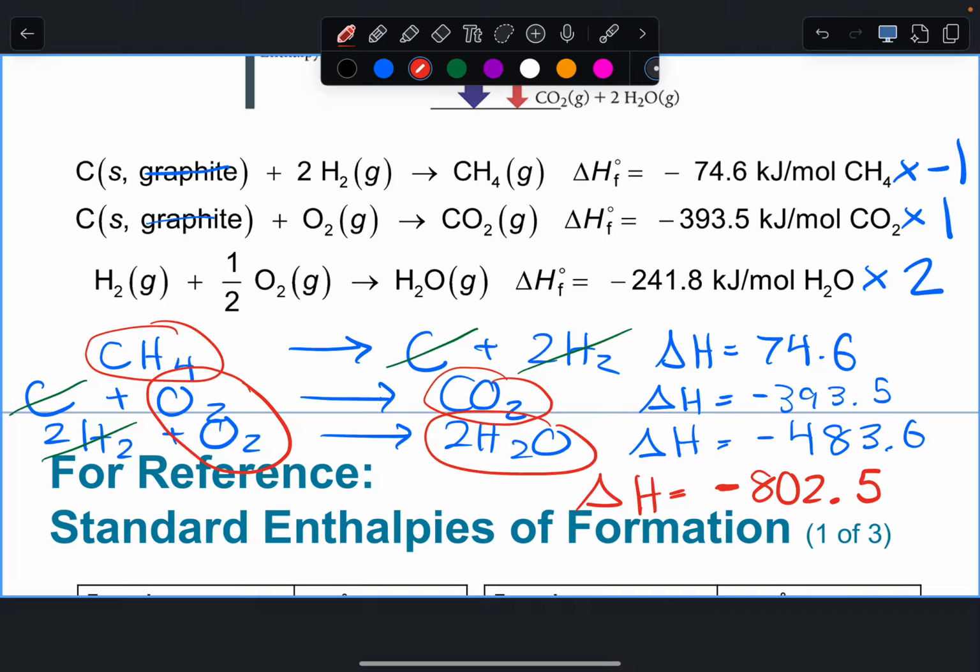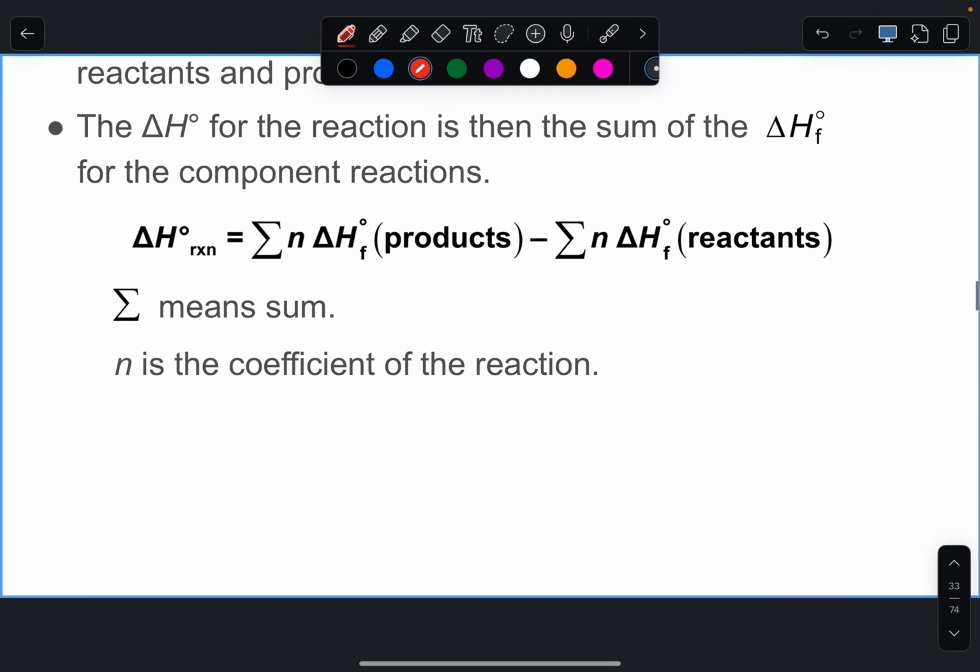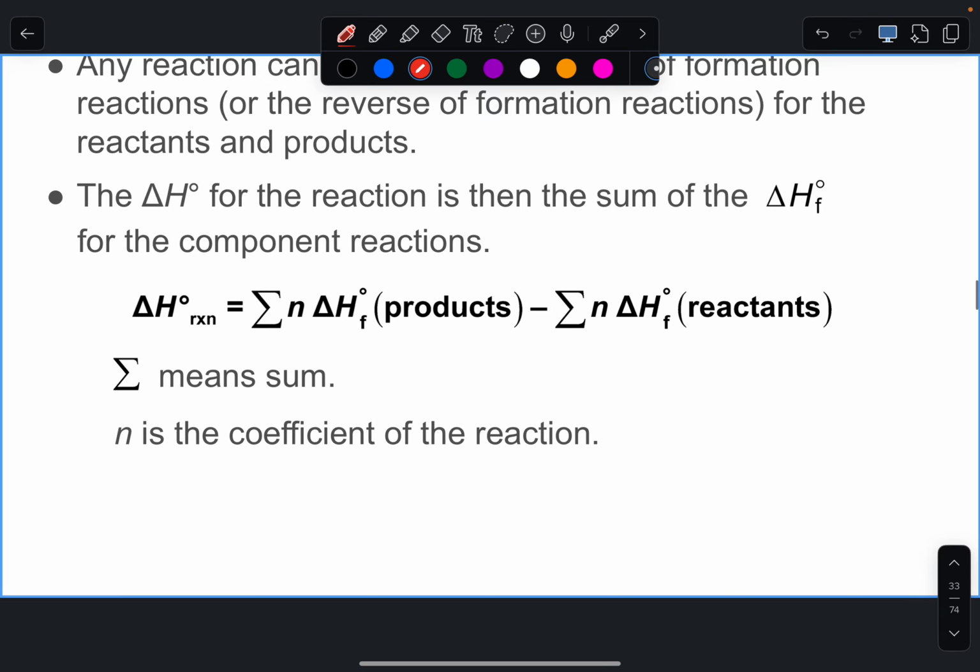All you have to do is flip them if they're on the reactant side, and then multiply any of them by their coefficients. So the way we say that in an equation is you're going to sum or add up all of the delta H of formation, but multiply them by any coefficients. So like we just did, we did 2 times water plus CO2, right?